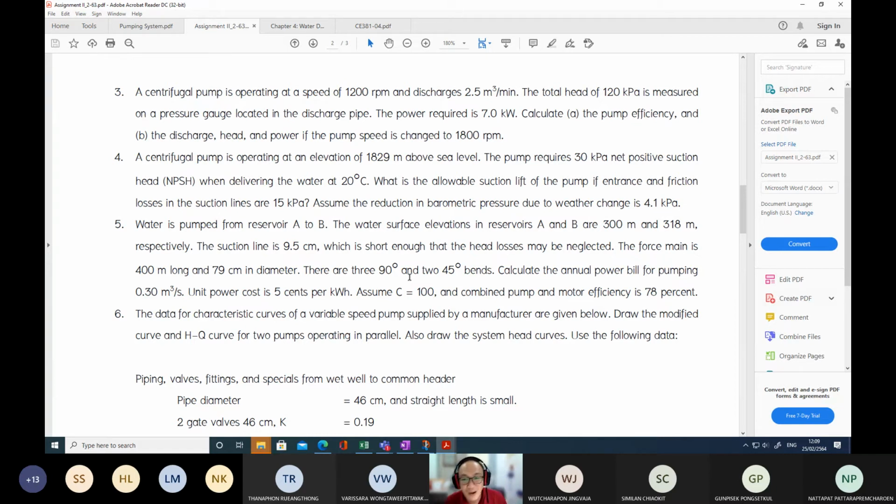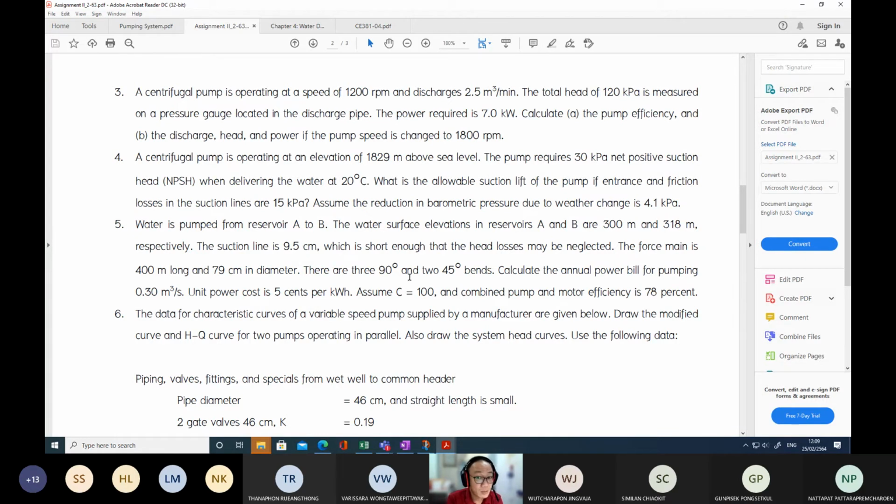Then the power required is 7 kilowatt. This is the power required from the pump, not the power output, not the power from the system. Calculate the pump's efficiency and the discharge, head and power if the pump speed is changed to 1800 RPM.